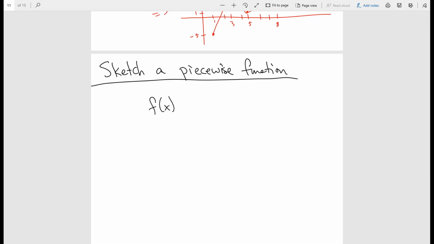So if I have f of x, you have x squared, 3, 3x. I'm just giving you an example. If x is less than or equal to 1, if x is between 1 and 2, and then if x is greater than 2. Okay, so you have something that looks like that.